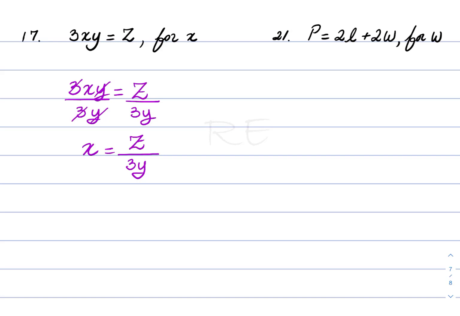For 21, we are solving for w. So p is equal to 2l plus 2w. Let's just rewrite the problem. Subtract 2l from both sides.